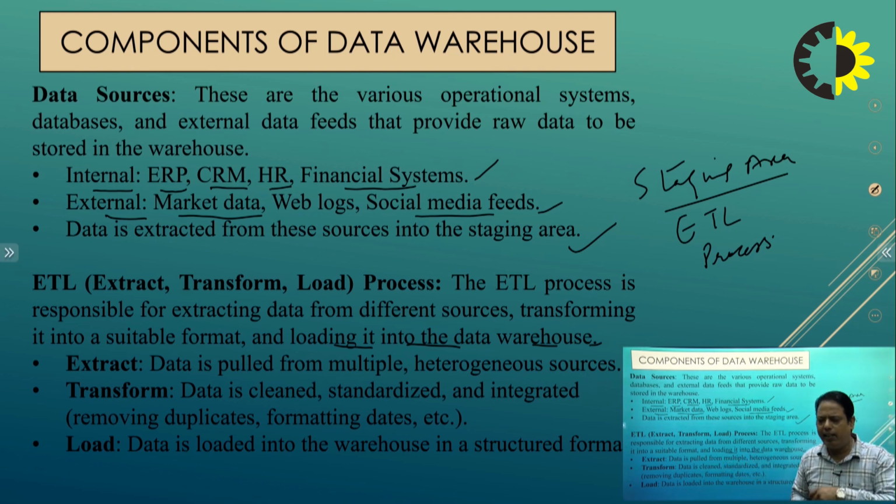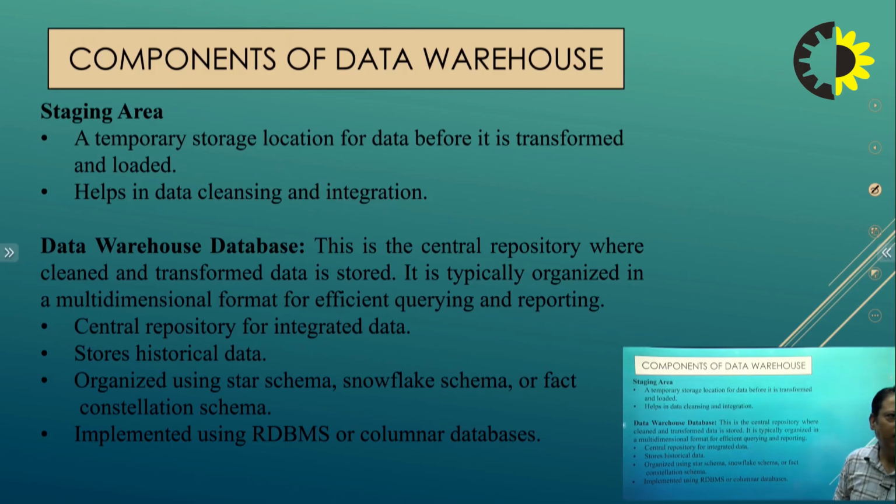Transform: data is cleaned, standardized and integrated, removing duplicates and formatting dates. Loading: after the cleaning and transforming process, we store the data in the data warehouse. Now the third is the staging area, a temporary storage location for data before it is transformed and loaded. It helps in data cleanliness and integration.